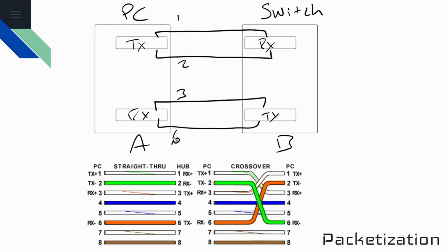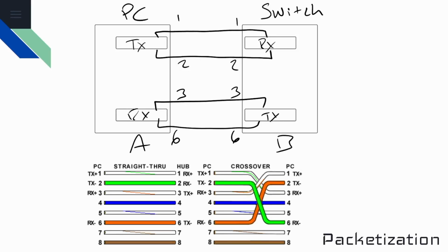The network switch is going to transmit using pins 3 and 6, and it's going to receive using pins 1 and 2. This ensures that the computer and the switch, when they're trying to communicate, have the transmit communicating with the receive on the opposite end. That way the communication is successful.